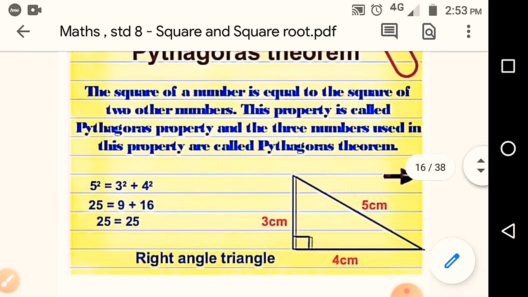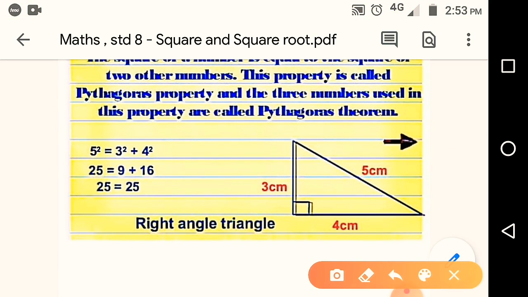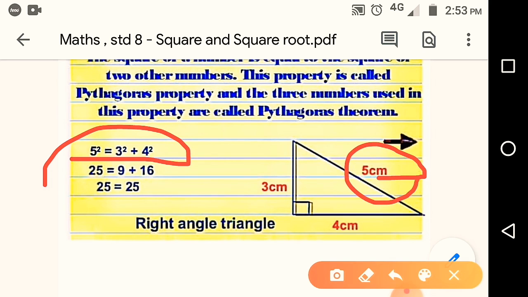So this is Pythagoras theorem: if you square these two sides and add them, the sum is always equal to the square of this number, 5 square.